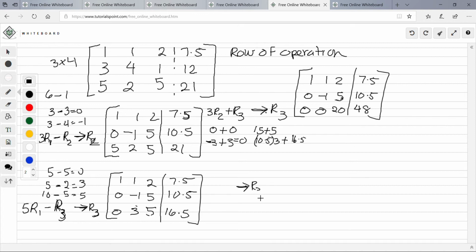So row 3, we can multiply that by 1/20. That gives our new row 3, and then our row 2. How do we get this to positive 1? We can multiply the entire row by -1. And then we don't have to manipulate row 1 because this is already a 1.